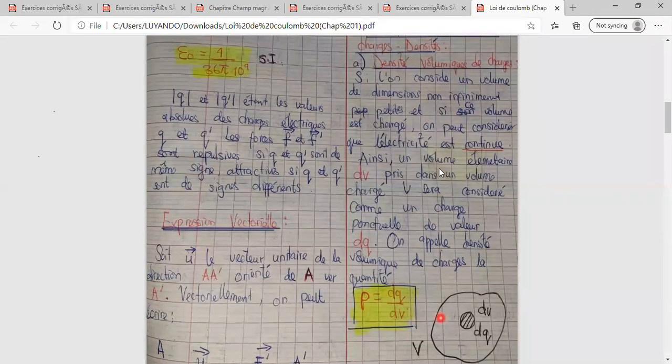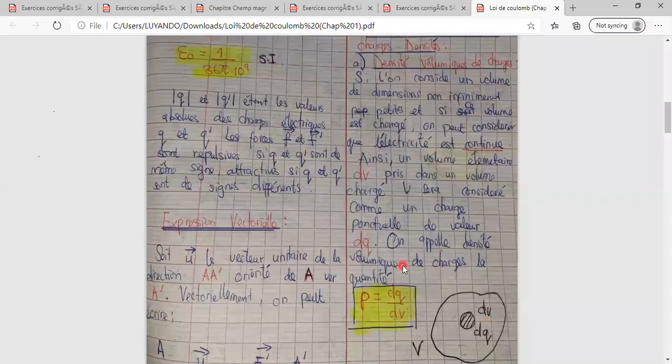We have the volume élémentaire, represented by dV, a small volume taken from the whole V. Then we're trying to calculate the amount of charge in the petit volume. So we have a petit charge, which is dq in dV.